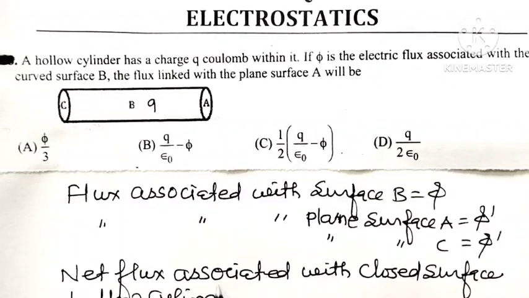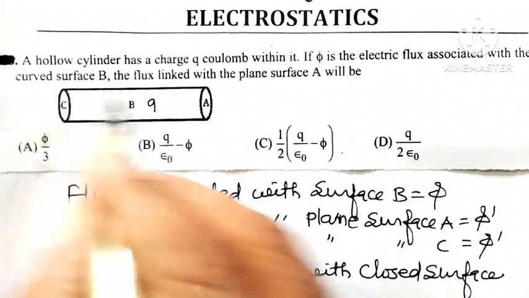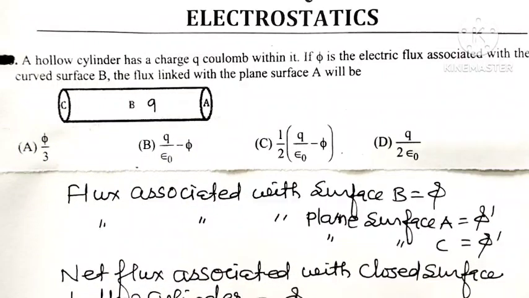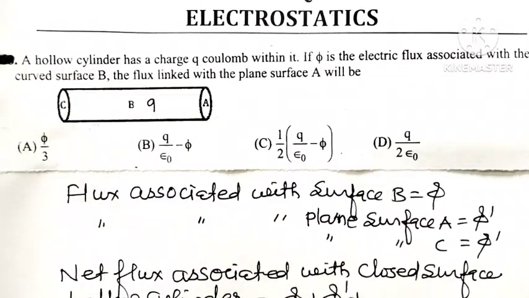What is the total flux associated with the hollow cylinder? It is the flux associated with curved surface B, that is phi, plus the flux associated with plane surface A, that is phi dash, plus the flux associated with plane surface C, that is also phi dash. So it is equal to phi plus 2 phi dash.